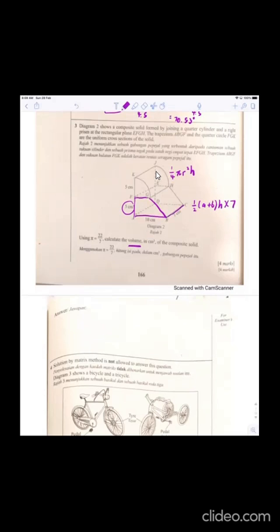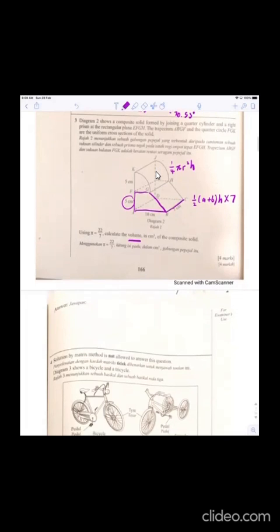So let's calculate and see. 1/4 times pi r square, this is the r, this is the radius. So r is 5. Times the 7.